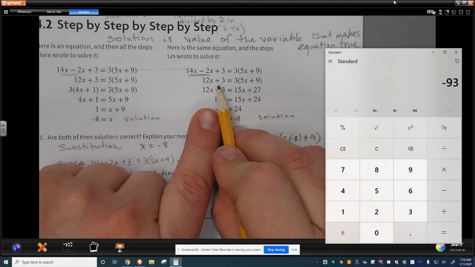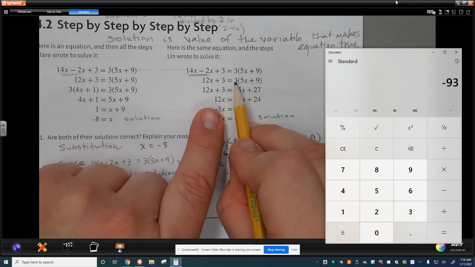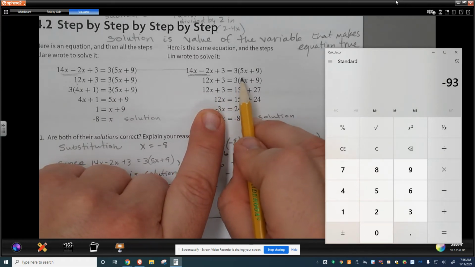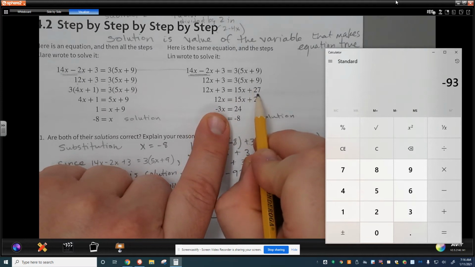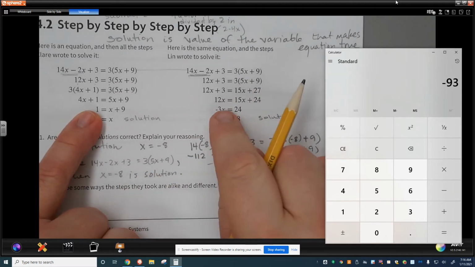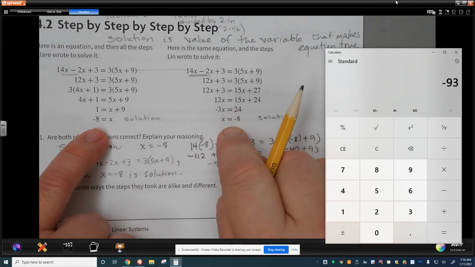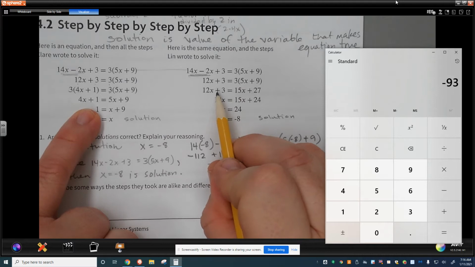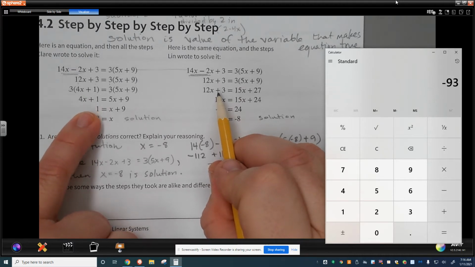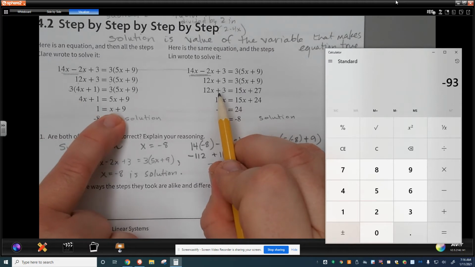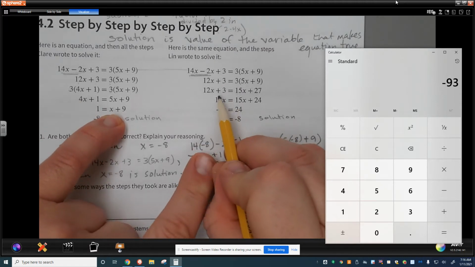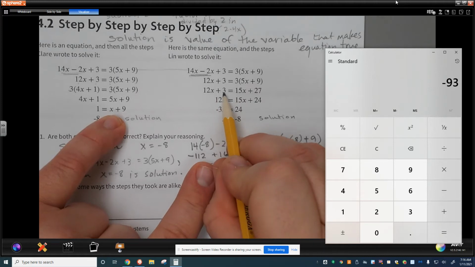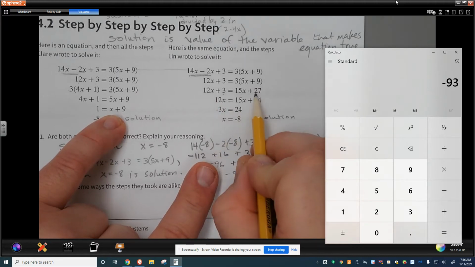Where over here, what Lynn did was multiplied by 3 instead. She applied the distributive property to get 15 times x plus 27. The next step, then we see just differences down until we get to our solution. The next step, Claire subtracted 4x to get x by itself on the right side, whereas Lynn subtracted the 3 from the left and from the right.